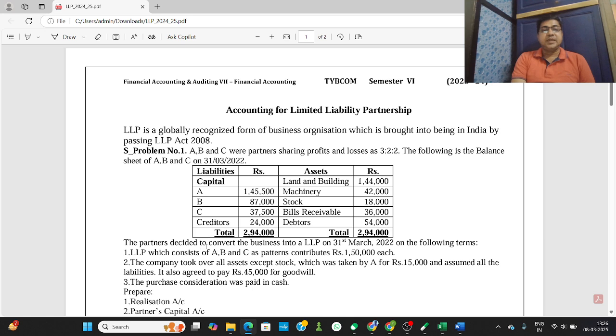The partners decided to convert the business into an LLP on 31st March 2022 on the following terms. Number one, the LLP, which consists of A, B, and C as partners, contributes rupees 1,50,000 each. The company took over all assets except stock, which was taken over by A for 15,000, and assumed all the liabilities.